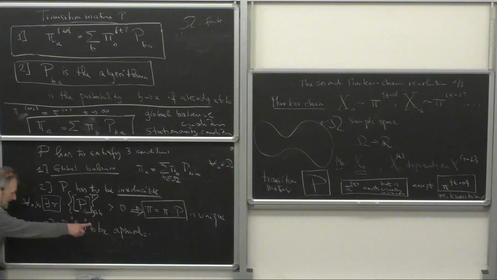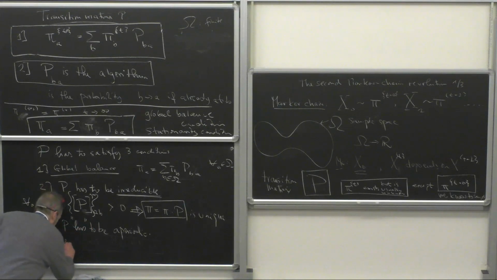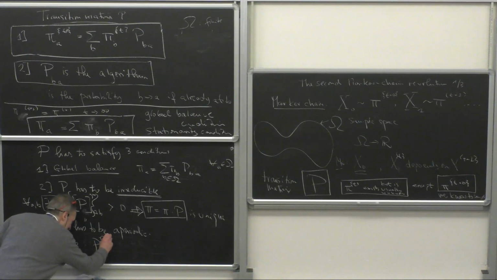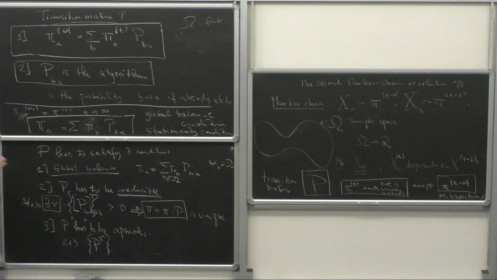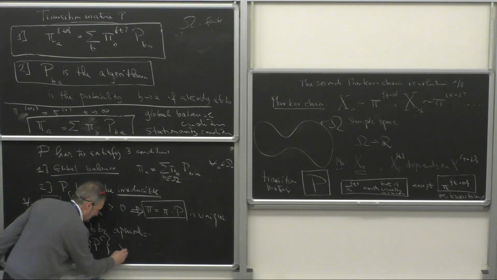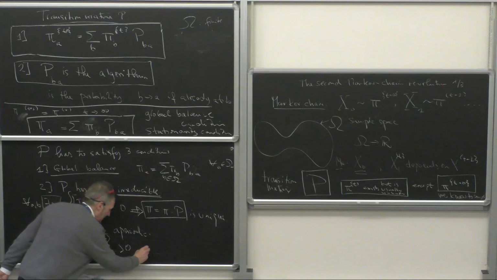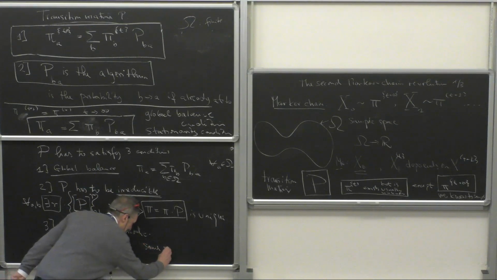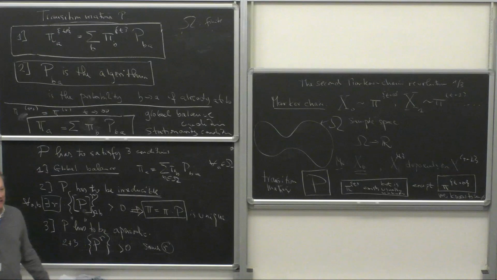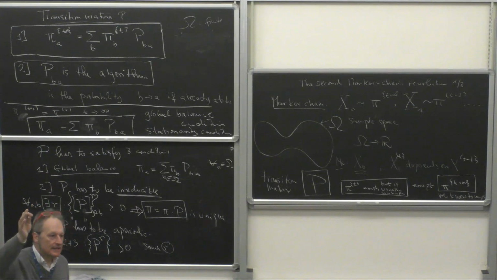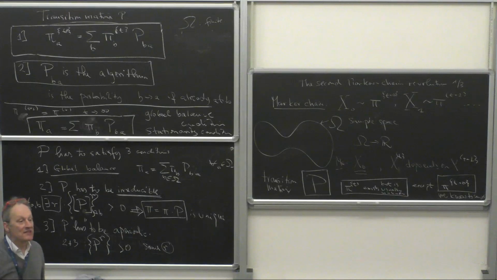And let me tell you the following. If P is aperiodic and irreducible, so if 2 plus 3, then P to the r is a positive matrix for some r. There will be some r, 1 million, 100 million, 2 zillions, and then P to the r will be a positive matrix.